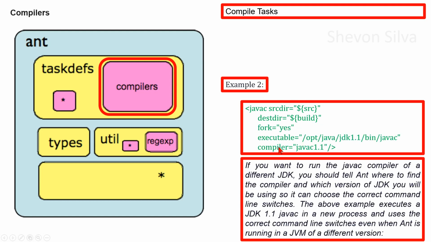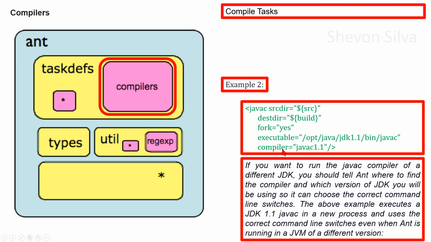As an example too, we can consider this. If you want to run a javac compiler of a different JDK, you should tell Ant where to find the compiler and which version of JDK you will be using, so it can choose the correct command line switches.